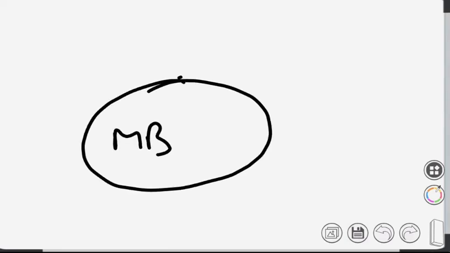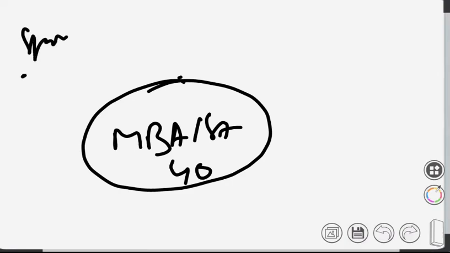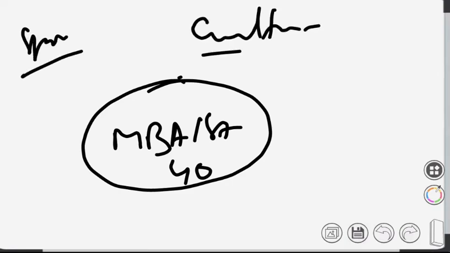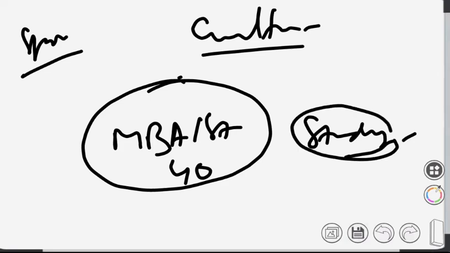Suppose I want to make different committees from the MBA first year class. There are, say, 40 students. I want to make 5 committees: sports committee, cultural committee, study material committee, like that, each of 5 students.